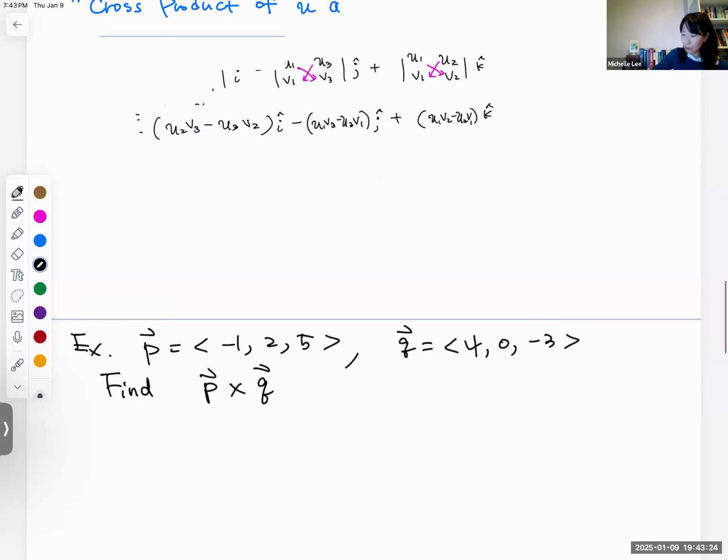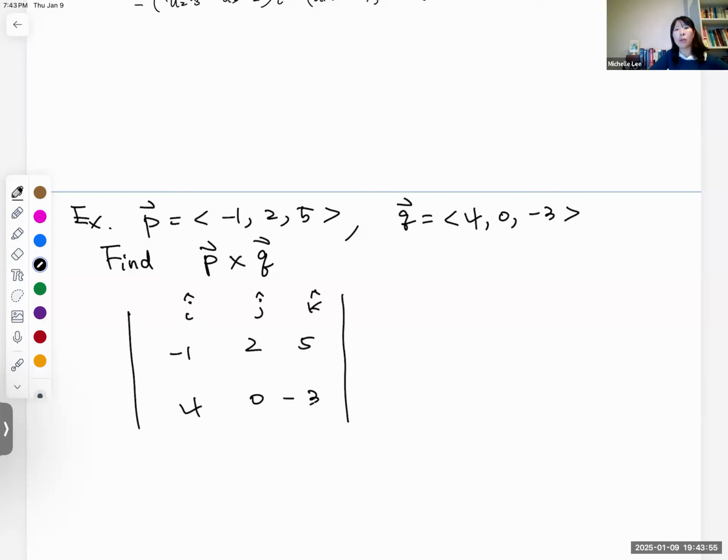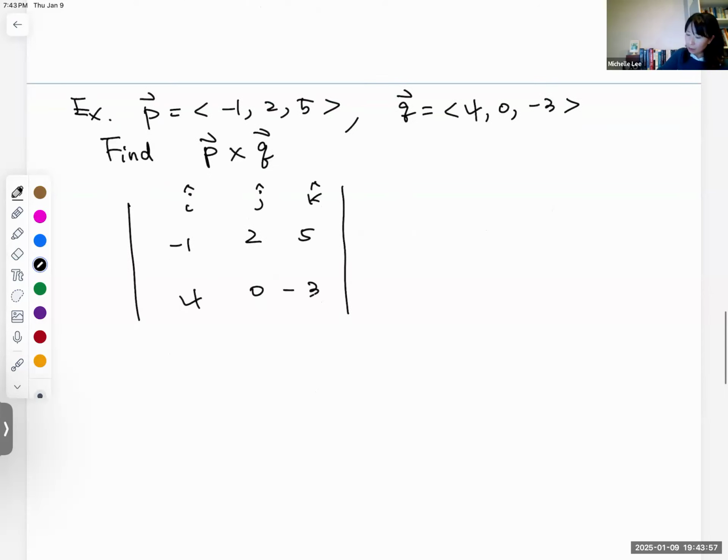Okay, so let's do it. So we have i, j, k, right? Now, negative 1, 2, 5. Is it too much? i, j, k, 2, 5, 4, 0, negative 3. Yeah, my handwriting's big. Oh, okay.